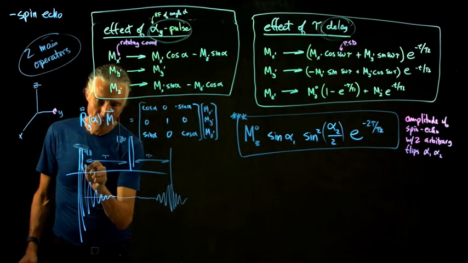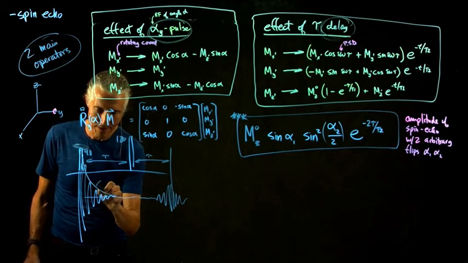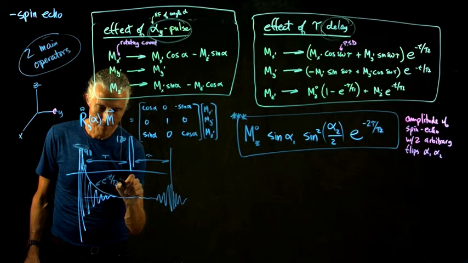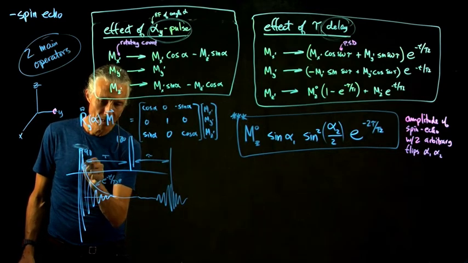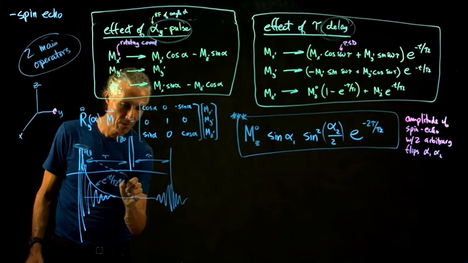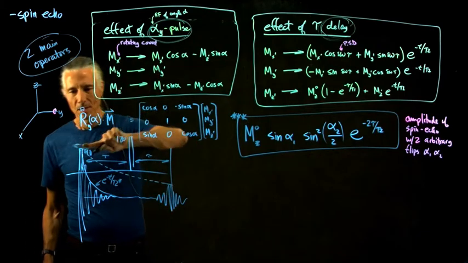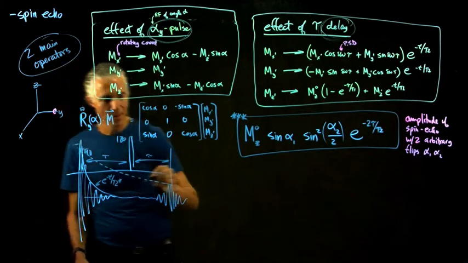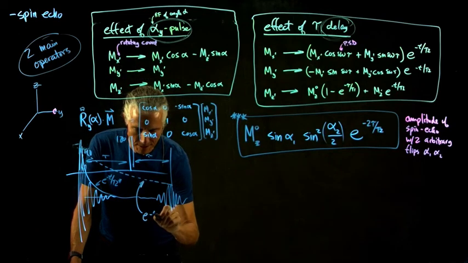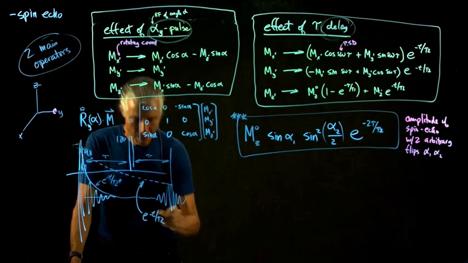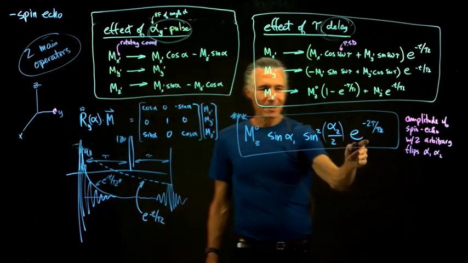And then we draw this line here, and that one's e to the minus t over T2 star. Then we draw this line here. And that guy is e to the minus t over T2. And so how come that doesn't look like that?